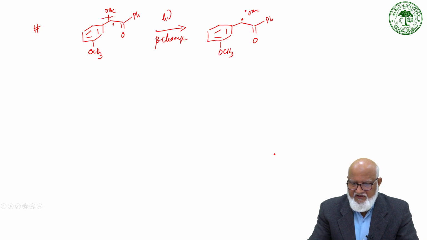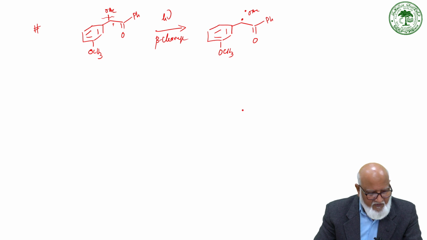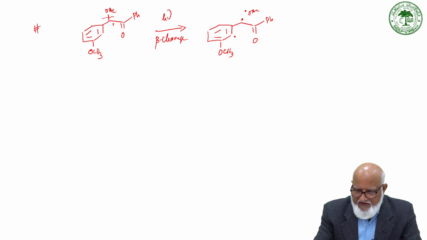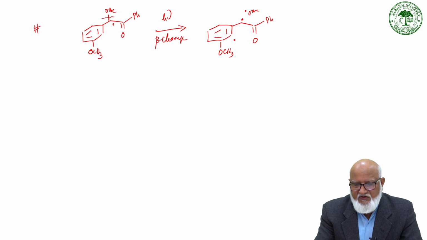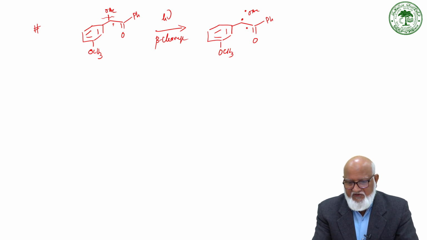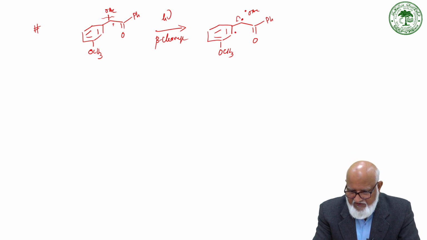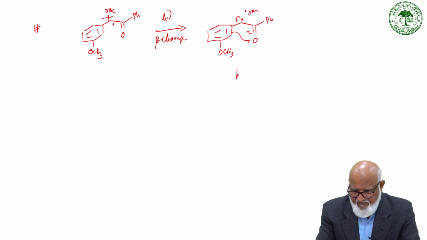So this is the species which is formed, and then it has been found that this radical is incorporated in a cyclization involving one of the double bonds of the benzene ring. So there is a possibility of an attack of this. So we are going to get a 1, 2, 3, 4, 5-membered ring with an oxygen-containing heterocycle.